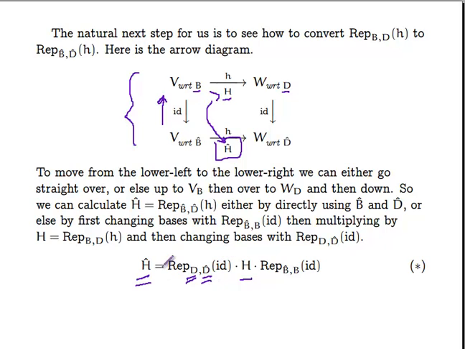Okay, so we get this H hat matrix, which is the linear map h expressed with respect to domain basis B hat, codomain basis D hat. And we can express that as the product of these three matrices. You're kind of going around the bend.